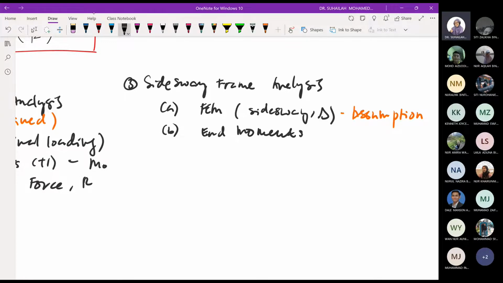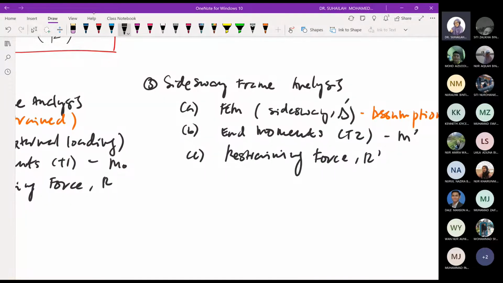This is table number 2, where I put delta prime because it is due to R prime, and this is M prime. And step C, we need to calculate the restraining force R prime. And finally, the last step is to calculate the final end moment.